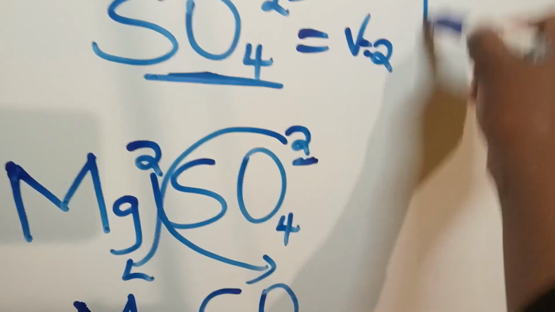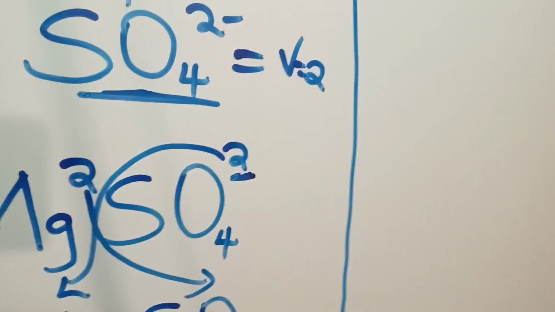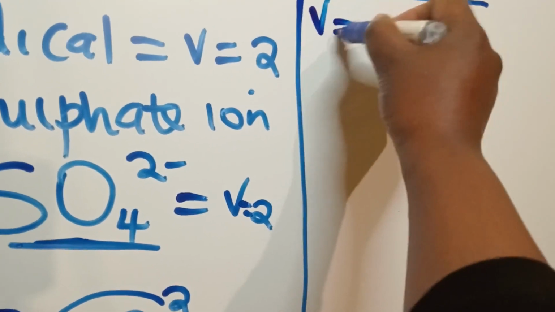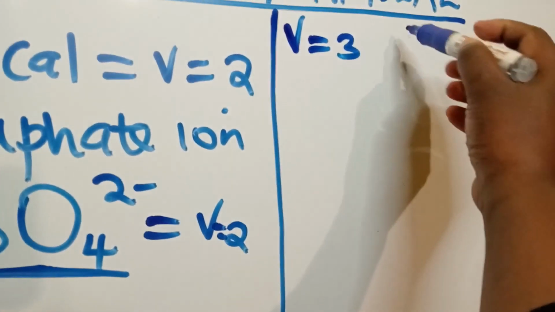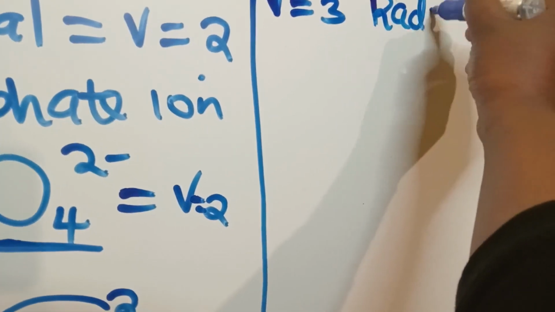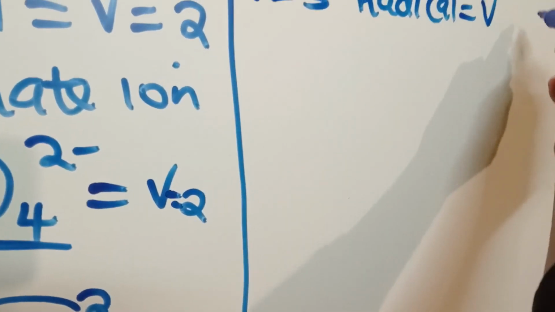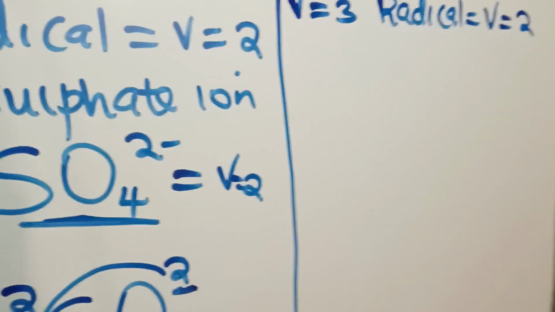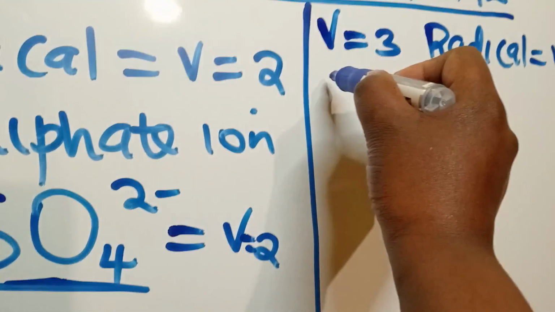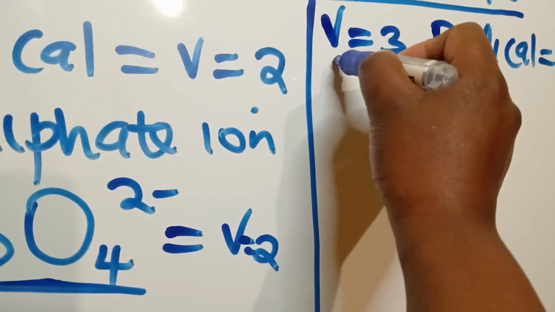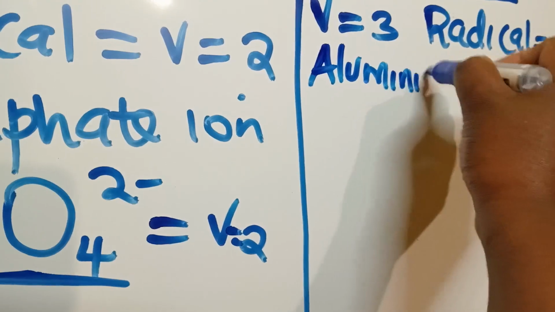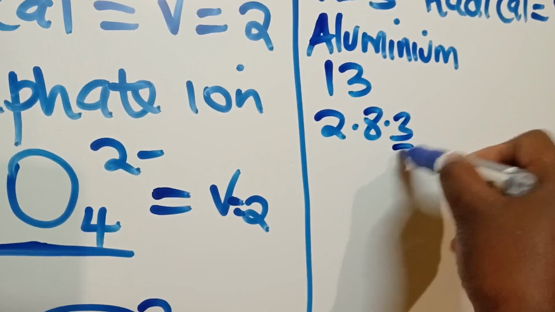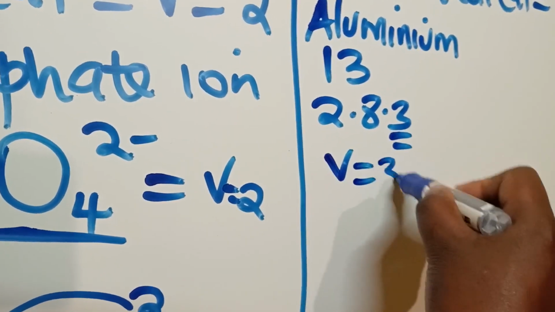Finally, I need to show you the last one, where we have an element with the valency of 3 and a radical with the valency of 2. So we write the element aluminium, atomic number 13, 2.8.3, required to lose 3, so valency becomes 3.